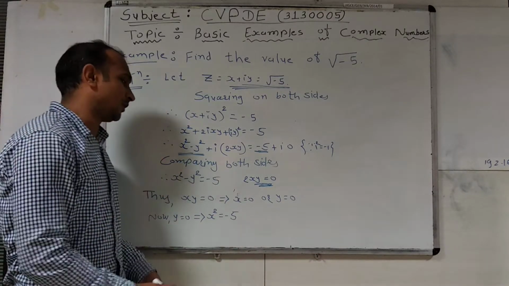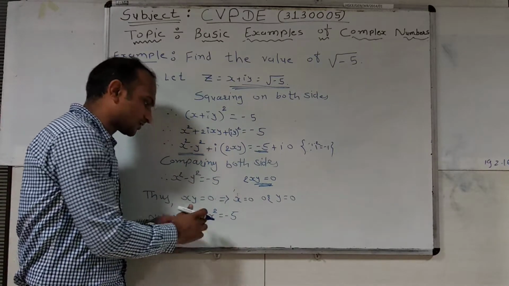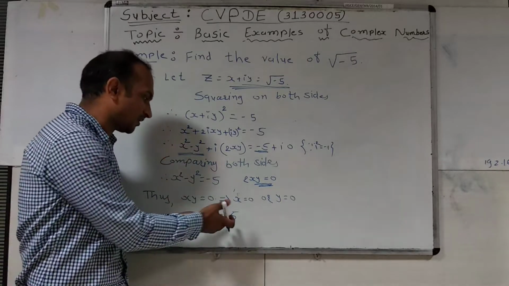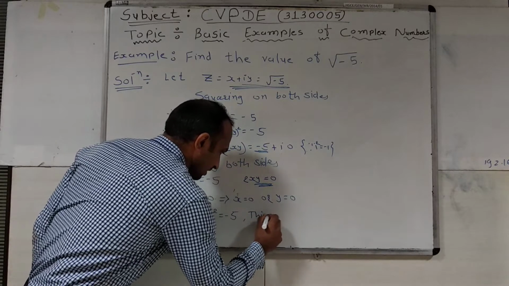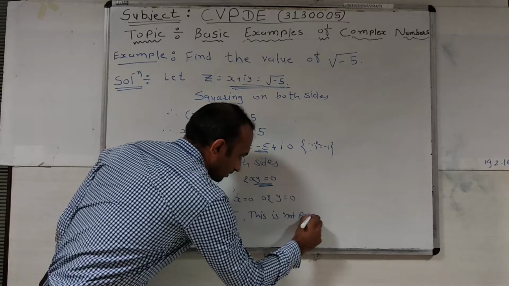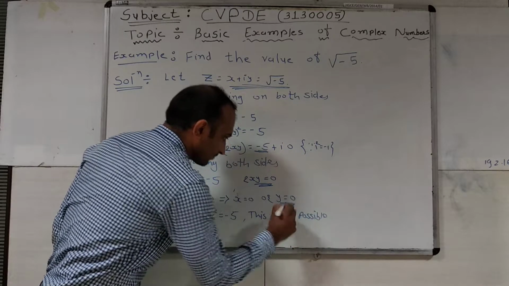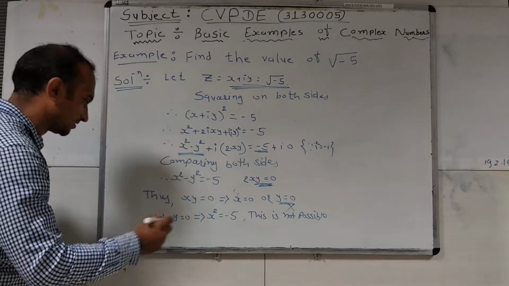Any value squared never becomes negative, because minus square becomes positive, and positive square is always positive. So this is not possible. That means y equal to 0 is not possible. So the remaining must be x equal to 0.